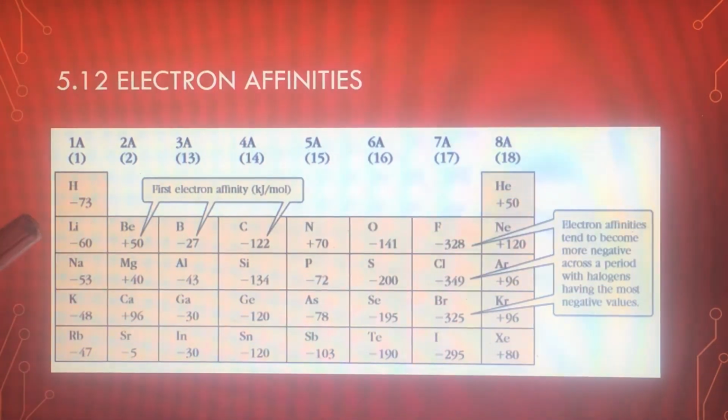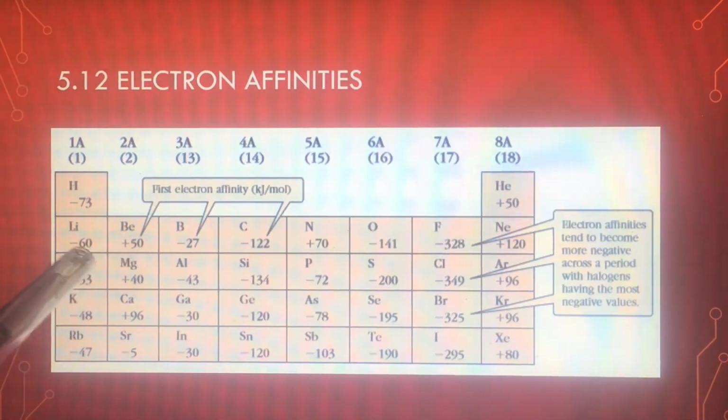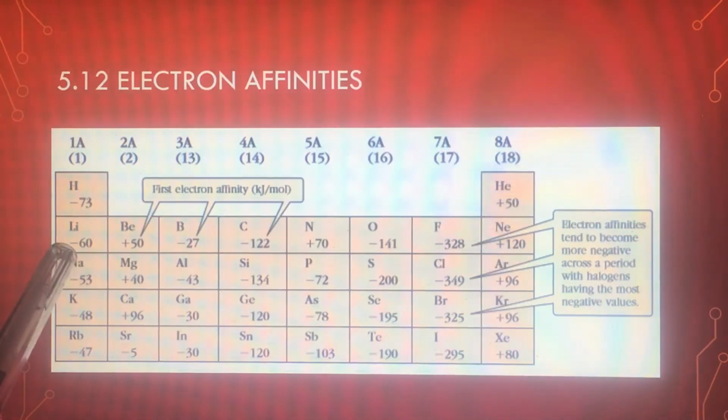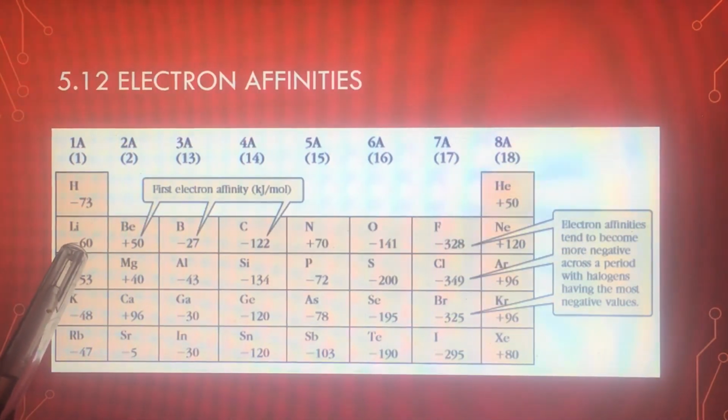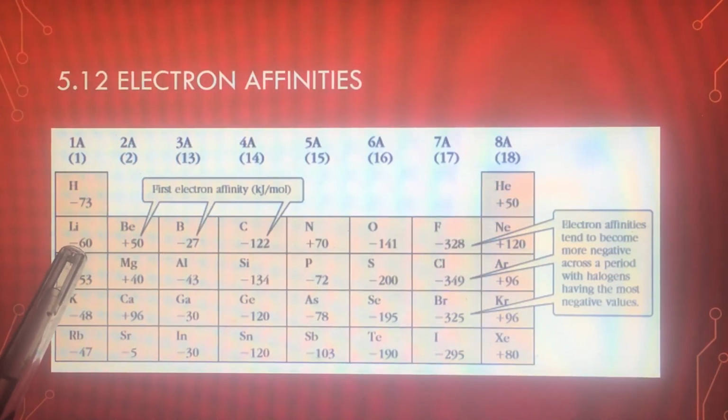But if we take a look at lithium, it has -60, meaning it will acquire an additional electron easily. Why is that? Lithium has the valence configuration 2s1.